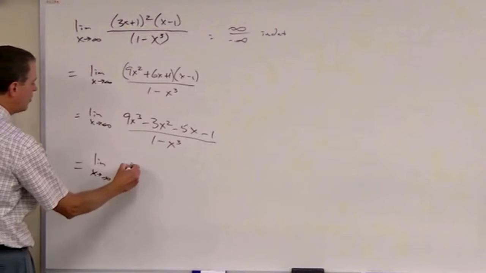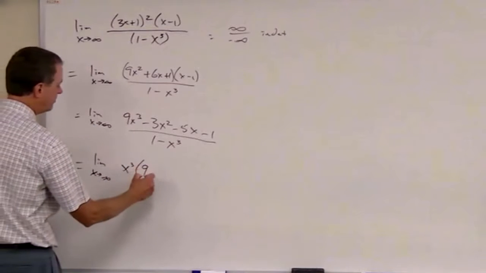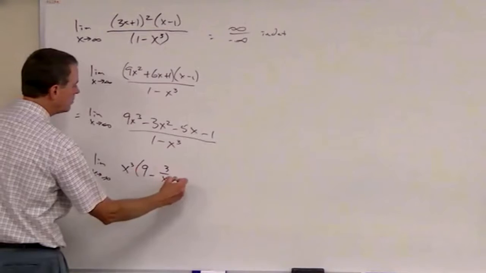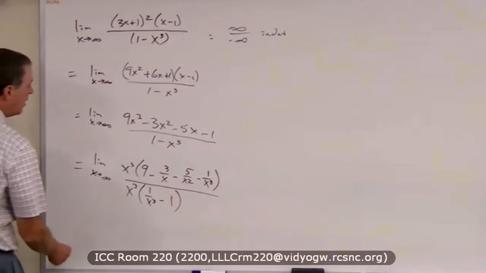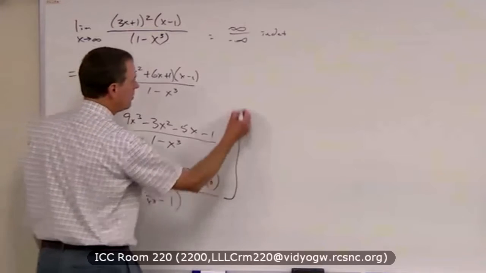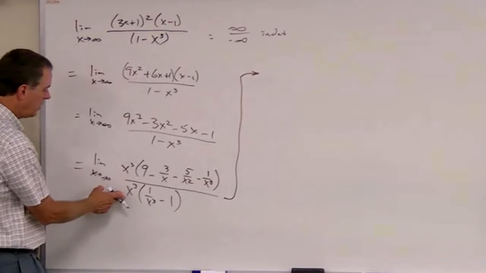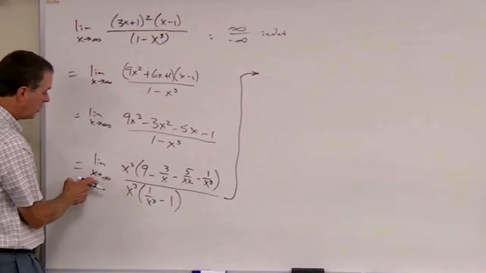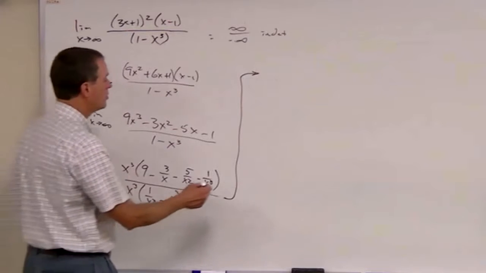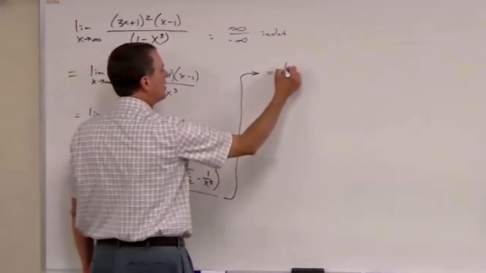So we'll factor out an x cubed. And once again, as long as x is not 0, we can cancel that. And since x is going to infinity, it's not going to be anywhere close to 0.